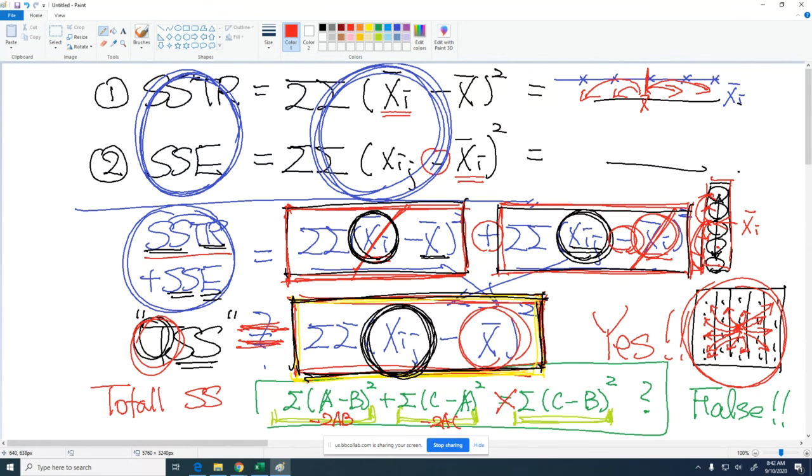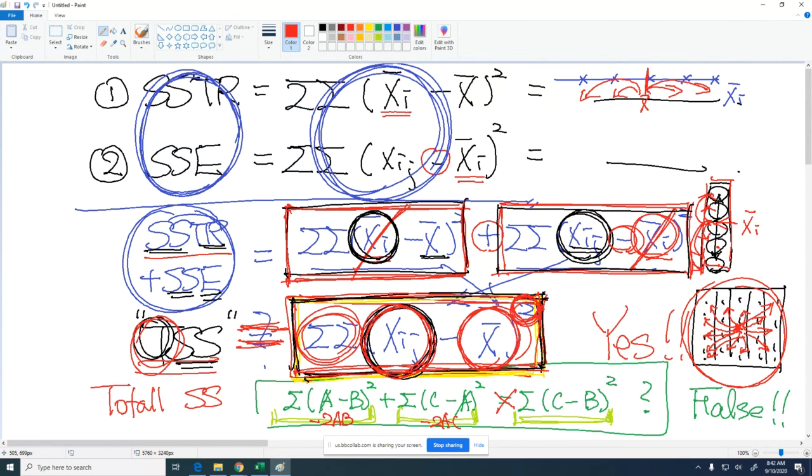It is true, right? So finally, we have another double summation, individual minus the overall mean, square, then double summation. That will be the TSS.